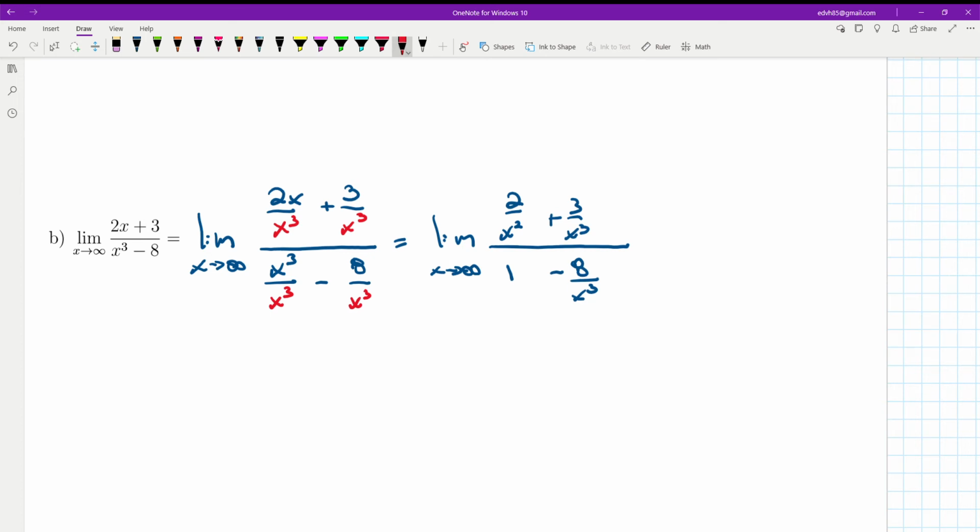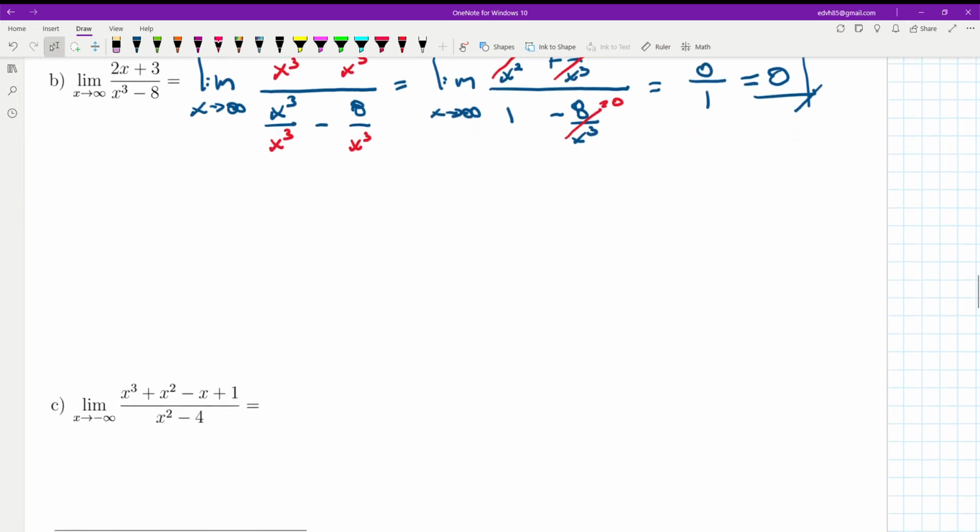Let's evaluate every single term. 2 over a big number will be 0, and 3 over a big number will be 0. 2 over x squared is 2 over infinity squared. If infinity is already big, now imagine infinity squared. That's a way bigger number, so that's still 0. This is also 0, and we will be left with a 0 in the numerator over 1, which equals 0, and that is our limit here.